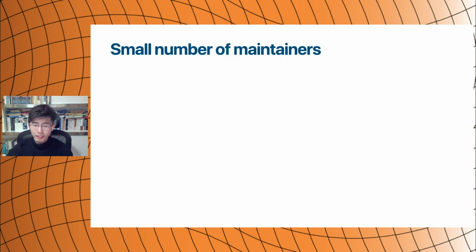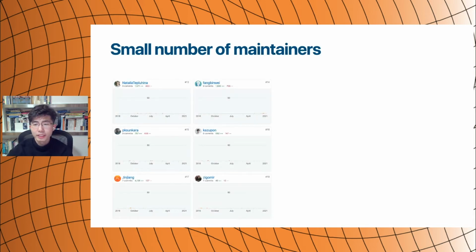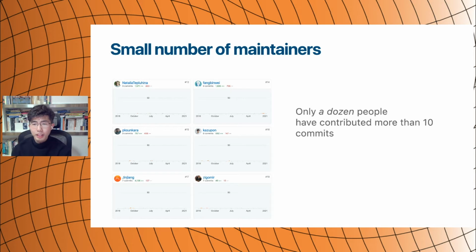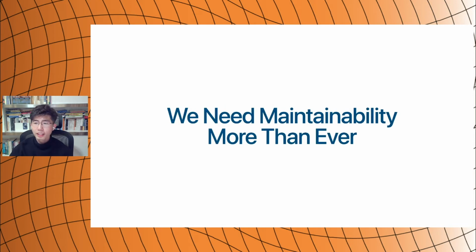Yet we have a small number of maintainers. You can see in the graph that only about a dozen people have contributed more than 10 commits to the repository. So with a growing responsibility and user base and a yet small team, we now have to make project maintainability our highest priority.